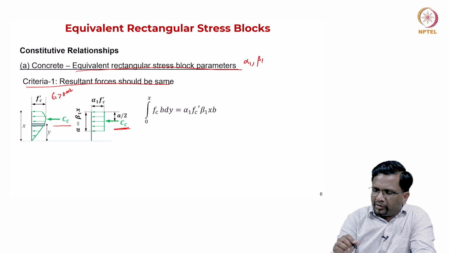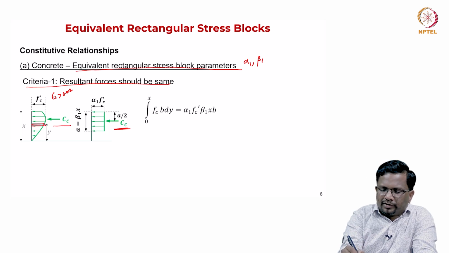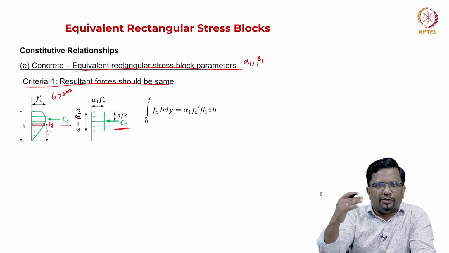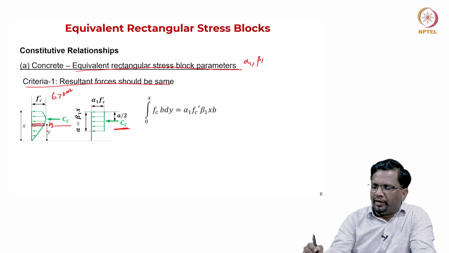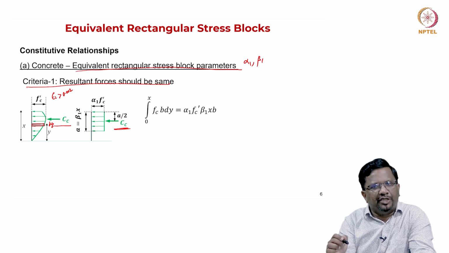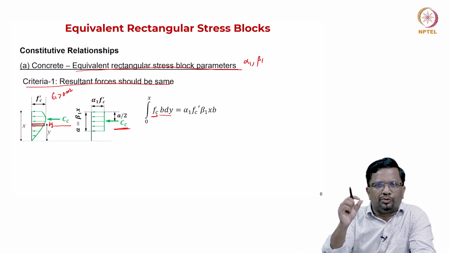So, if you do simple integration, for example, if I take a small strip like this, right, let us say the thickness that I am going to take is dy, and the strip is at a distance y from the neutral axis. So, I do the integration. The force for this strip is going to be Fc into B into dy, because we are talking about a rectangular section. So, B into dy, and Fc gives me the stress in this small strip.